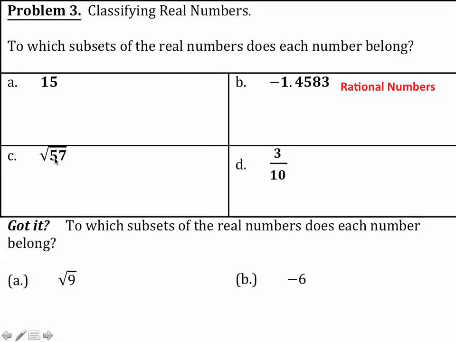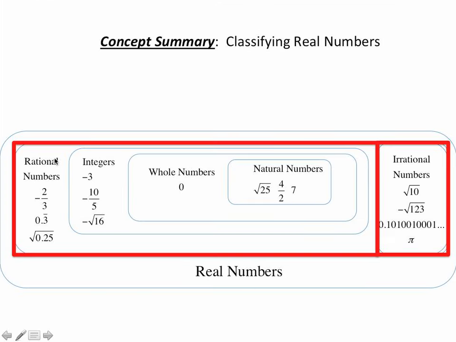Root 57. Well, let's take a look at that. If I take a look at my calculator, root 57 would be some decimal number because 57 is not a perfect square. So that means that root 57 is going to be an irrational number.